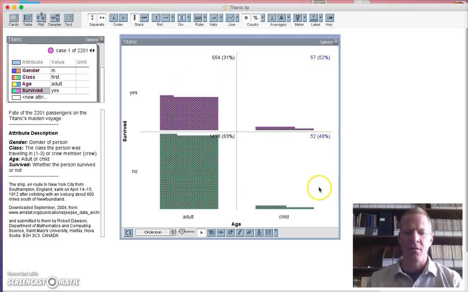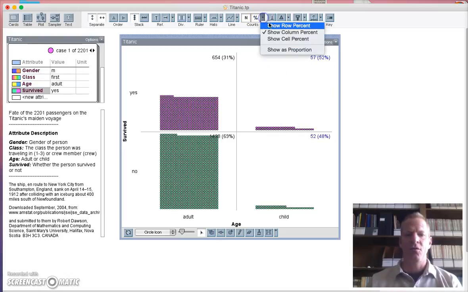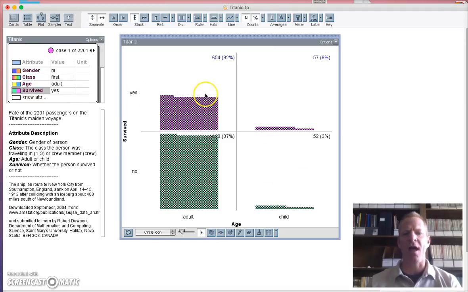So it's important for you to recognize how to read these, number one, then also to use percentages, because otherwise you're not able to compare accurately, and then to make sure that the right percentages are here. If you use the row, you could ask, of the people that survived, who had a greater percentage?